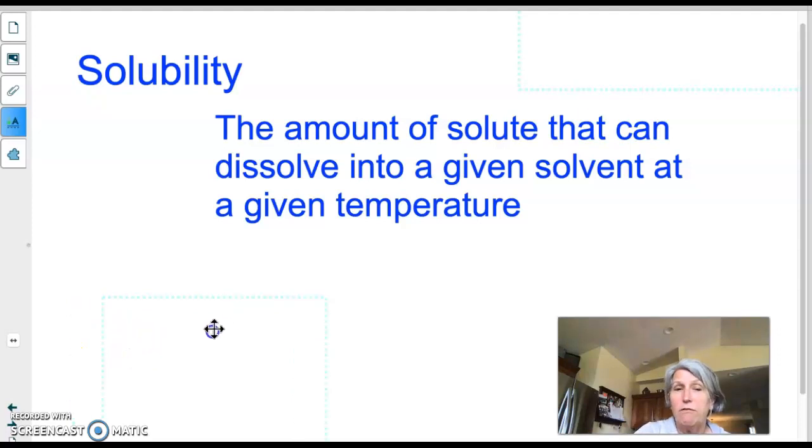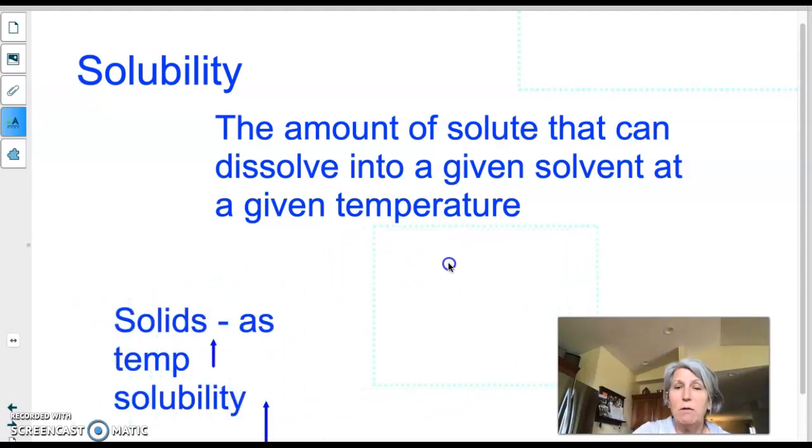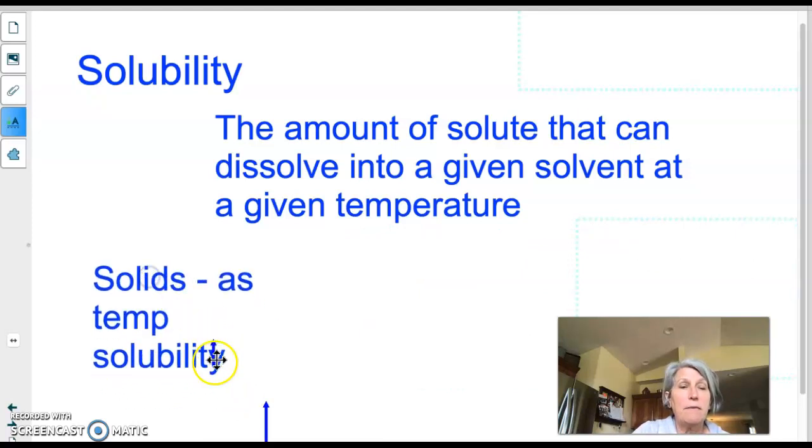What you should have learned is that generally, when looking at solids, as the temperature increased, the solubility of that solid dissolving in water increased.